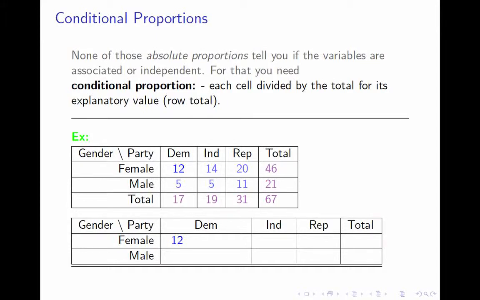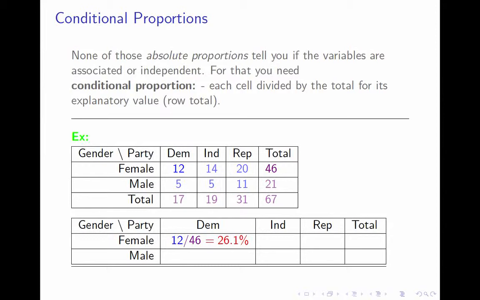So in this case, the conditional proportion of Democratic women is the number of Democratic women, 12, divided by the row total, 46. So 12 Democratic women out of 46 total women means that 26.1% of the women are Democrats.